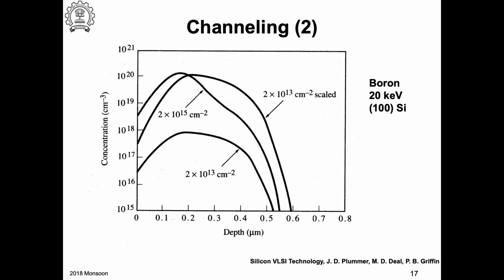So now the crystalline structure is destroyed, and as a consequence you can't have channeling. So this part of the distribution is more for low dose implants. It looks more flat because of channeling. Heavier the dose, but then after a certain implant dose, the surface part is severely damaged. So you would have most of the ions ending up in that region.